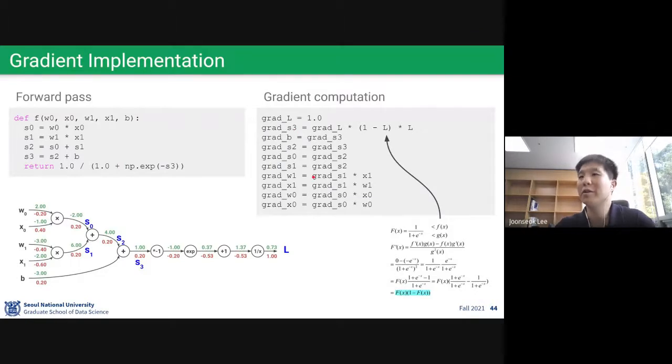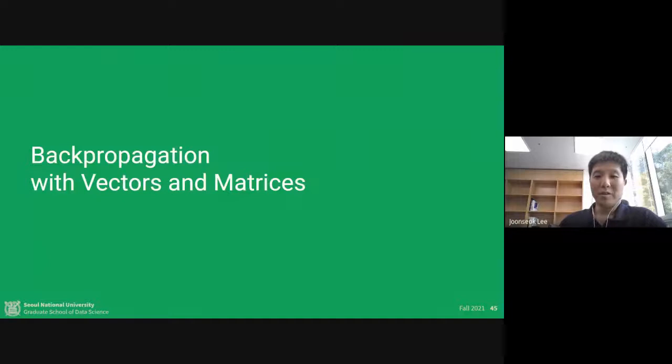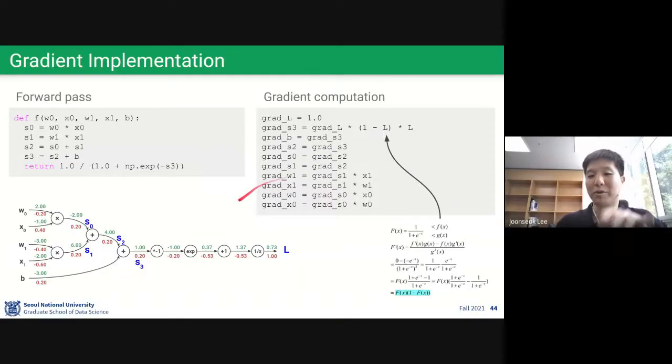And in the next lecture, I'm going to ask about this. Okay? In the next lecture, we are going to extend this to vectors and matrices. Today, we just saw some examples with scalar values, but what we deal with in actual neural networks are vectors and matrices. They may look much more complex, but the basic idea is the same.